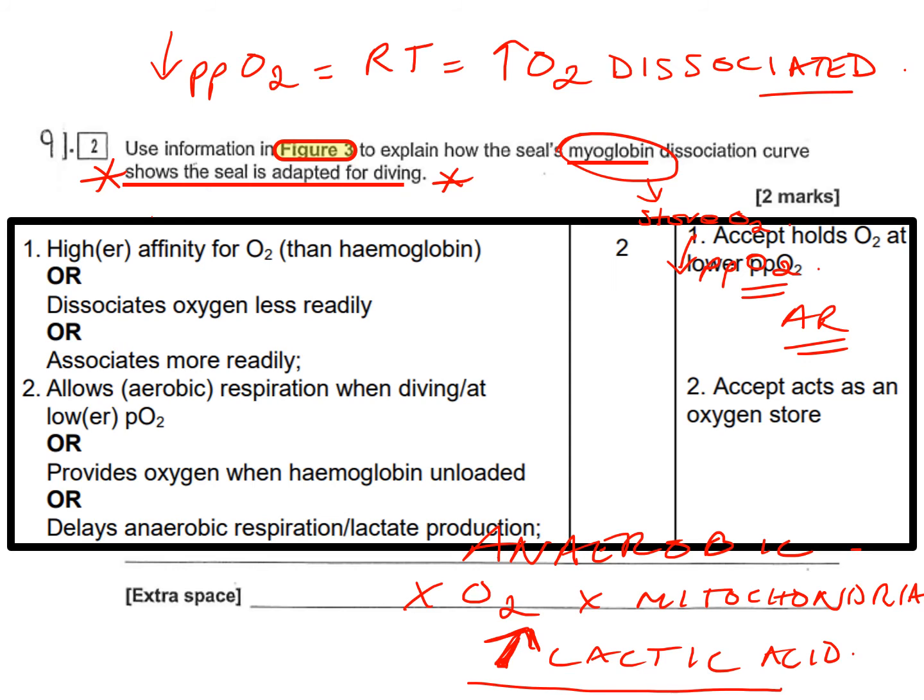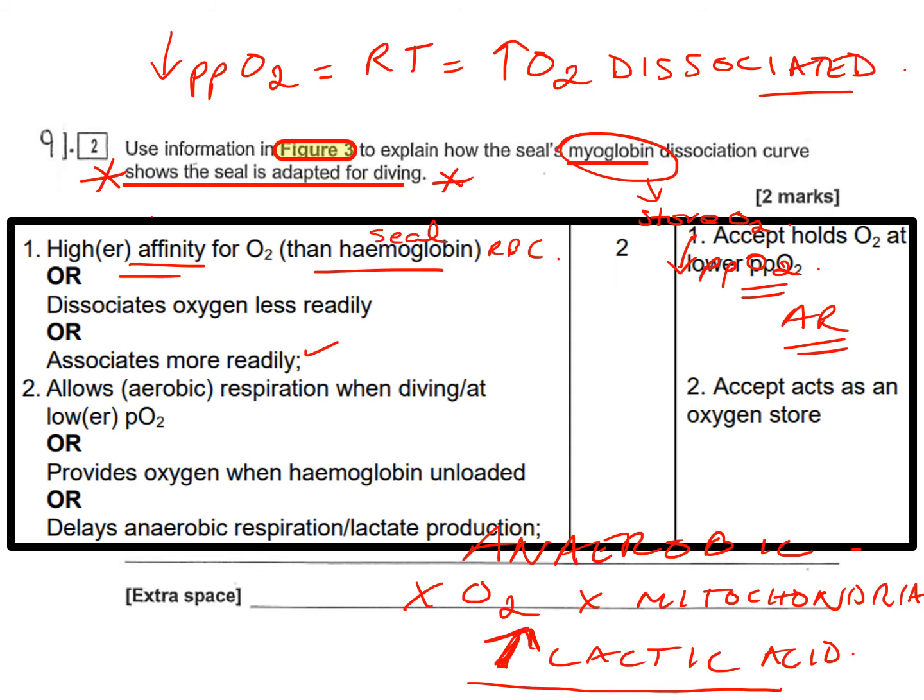So myoglobin has a higher affinity for oxygen compared to the seal hemoglobin inside the red blood cells. The oxygen dissociates less readily because of the higher affinity. The oxygen associates more readily, was accepted.